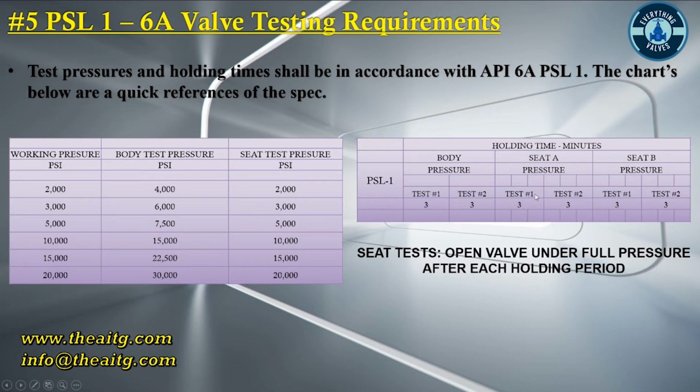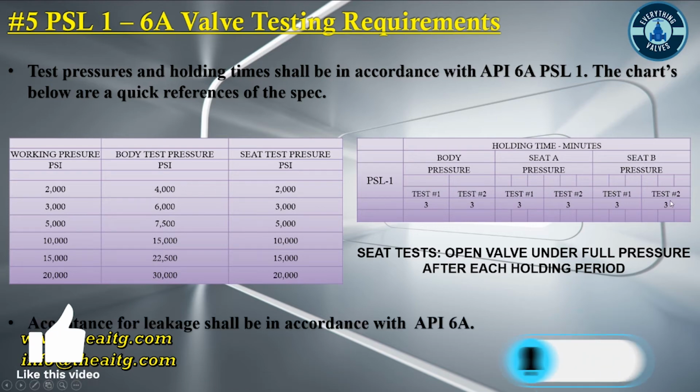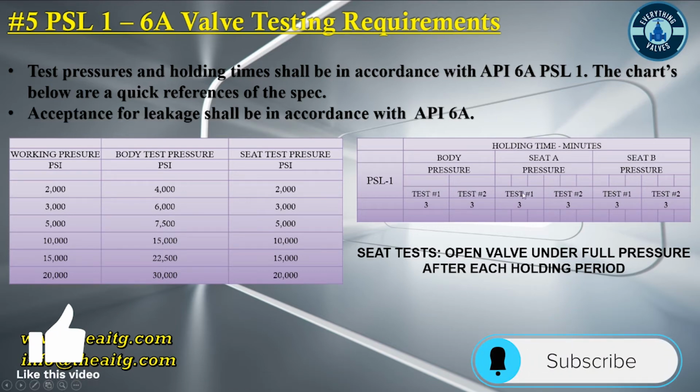After you have performed your test 1, you will open the valve under full pressure, reclose the valve, and perform the next test. And here is your seat B. It requires 2 tests at 3 minutes each. Acceptance for leakage shall be in accordance with API 6A.